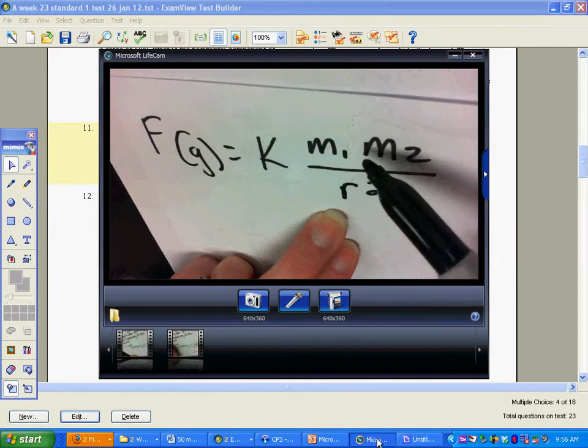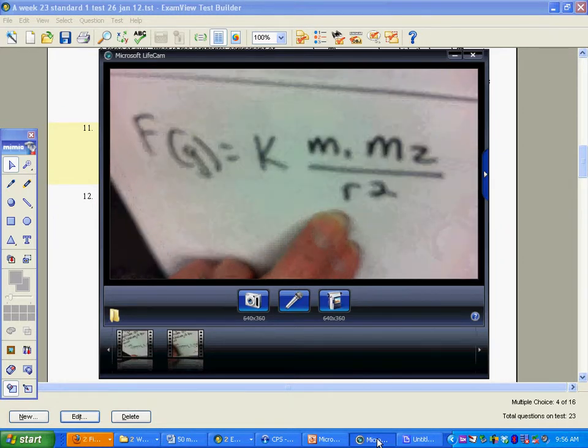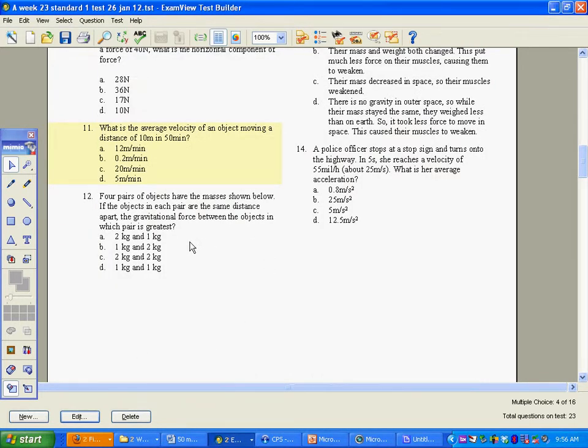Are we going to end up with a big number on top or a little number on top to get the most gravitational pull? You'd want a big number on top, wouldn't you? Okay, so which pair of these has the biggest numbers that would go on top? Very good. 12 is C. Okay, did you have to use a calculator on that?